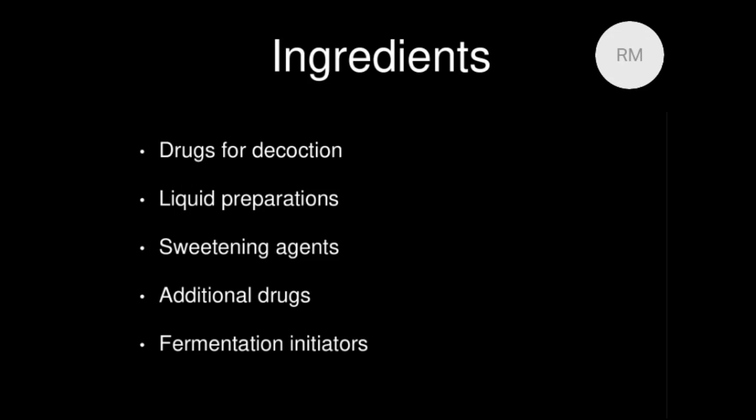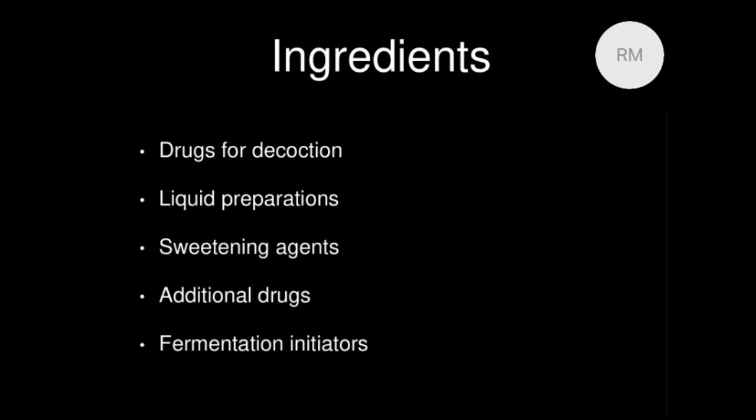And then we have the liquid preparations, which could be usually fresh juice. It can be buttermilk. Sometimes we use buttermilk also as a liquid. So along with the decoctions, according to the formula, we add these other substances.